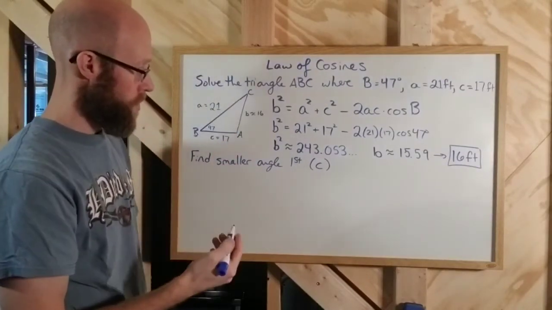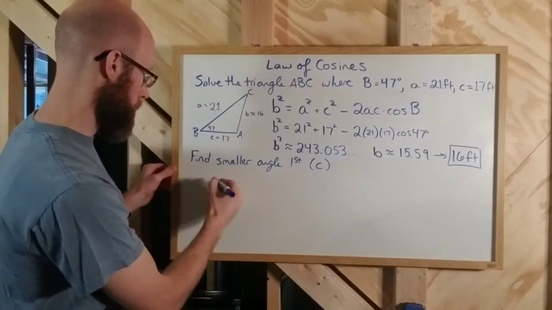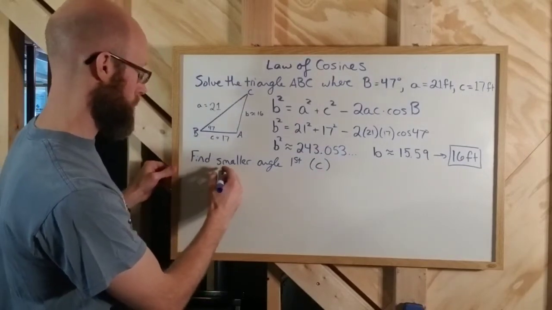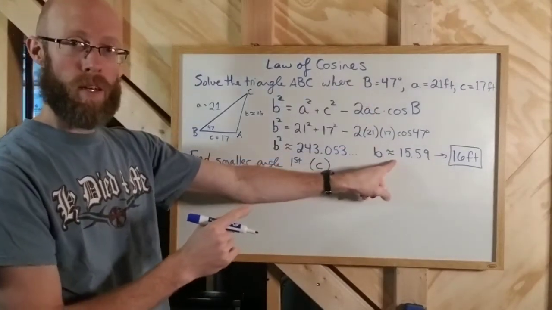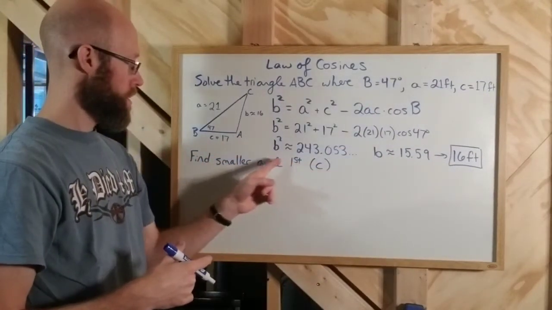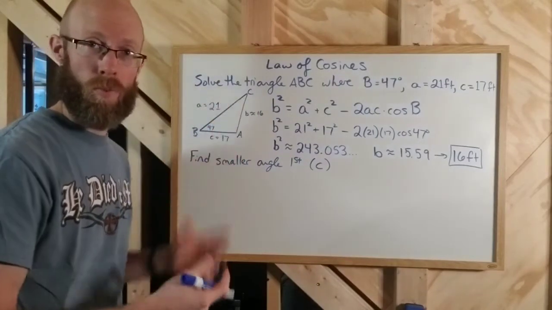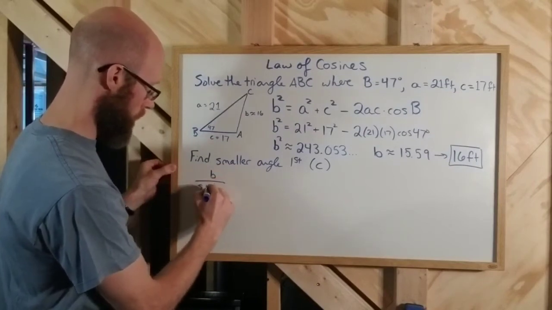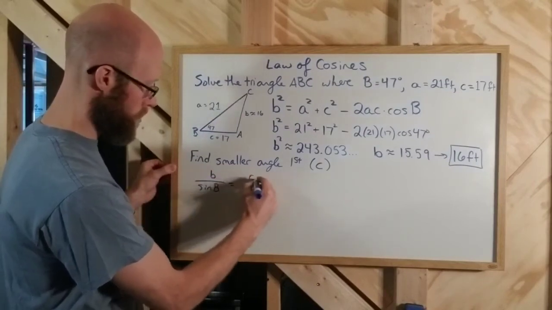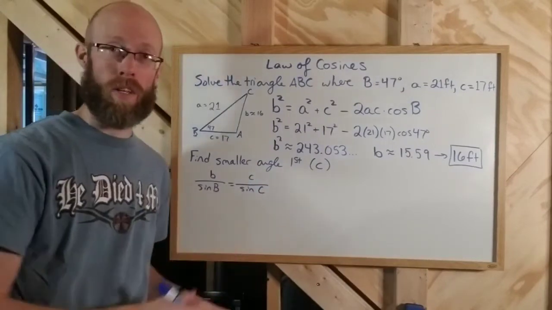Okay, so if I know that, then I can set up the law of sines using the known information for big B and little b, and little c, and the unknown value for big C is what we're going to solve for. So we have little b over the sine of big B equals little c over the sine of big C, and then I just plug in what's needed here.